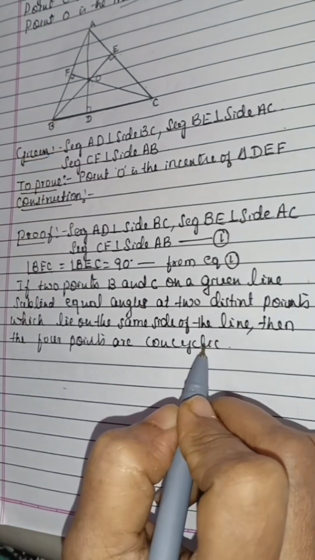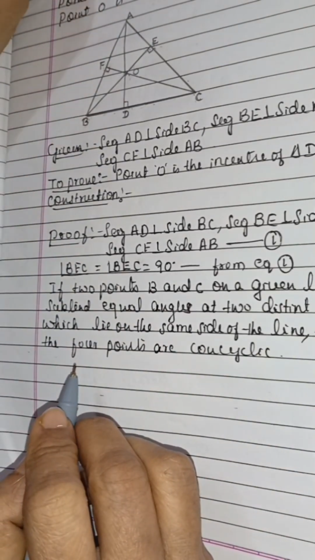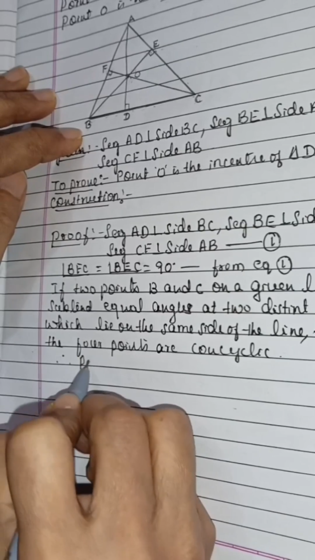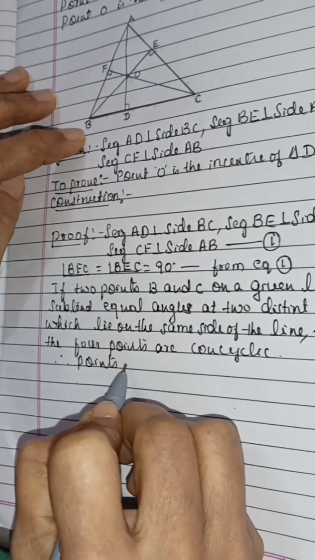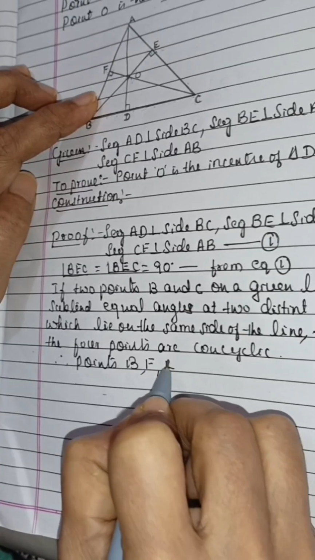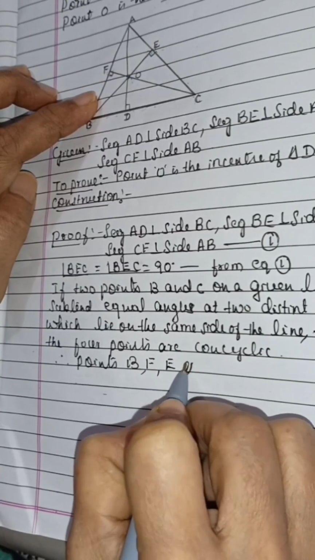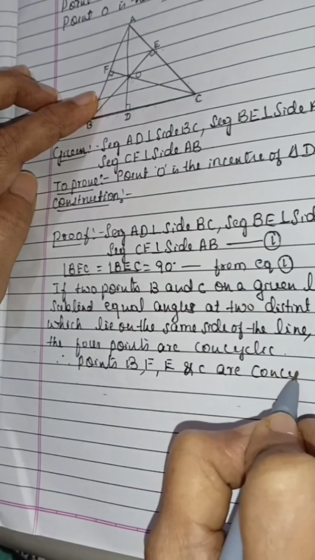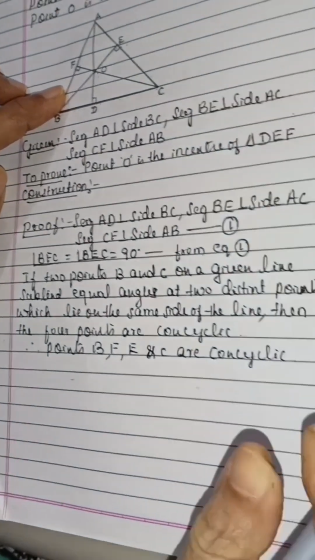Okay, 4 points are concyclic. Therefore, we'll write here points B, F, E and C are concyclic.